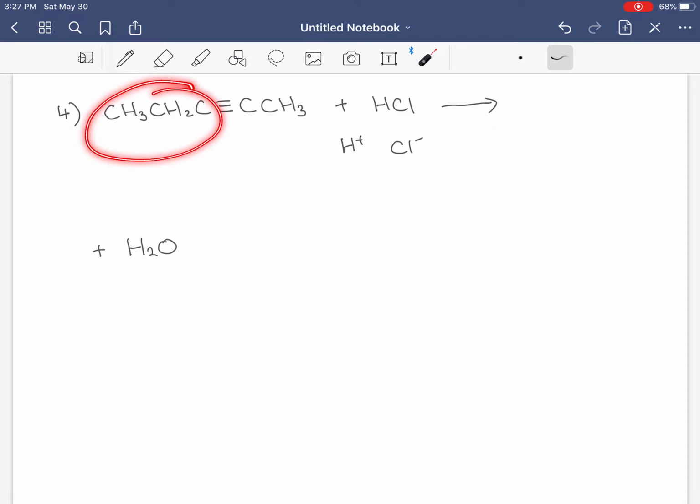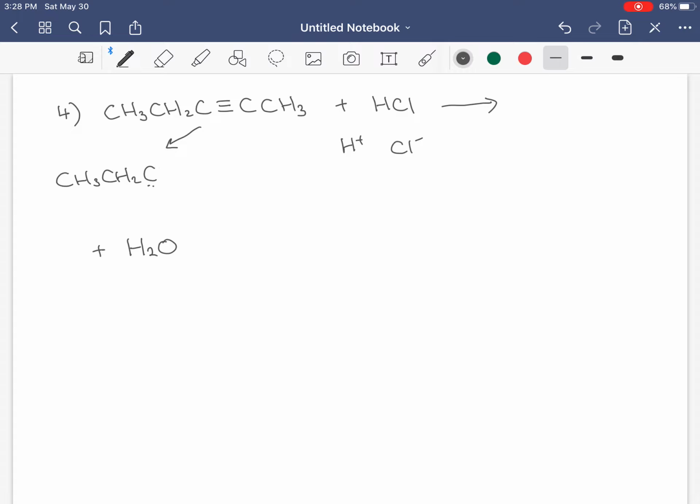Think of it this way. Let's say in this situation, we have this, where this is negative. Okay, and we have this situation, where this is negative.